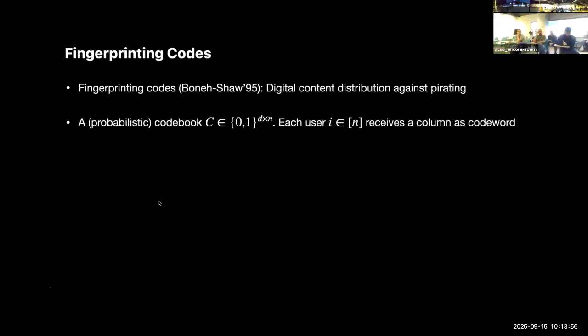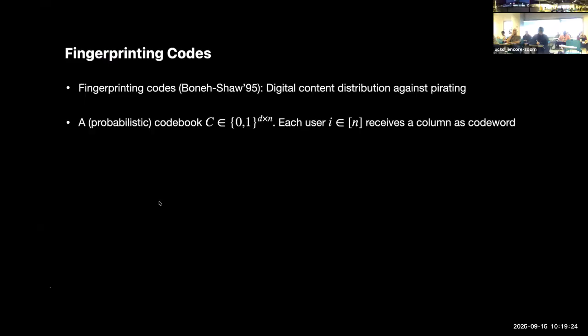This is a combinatorial object first proposed by Boneh and Shaw in 1995, and its original motivation was for digital content distribution against piracy. A probabilistic fingerprinting code is a probabilistic code book, which means it is itself a random variable C, which is p by n. Imagine the number of rows is the number of queries, and the number of columns is the number of users you want to defend against.